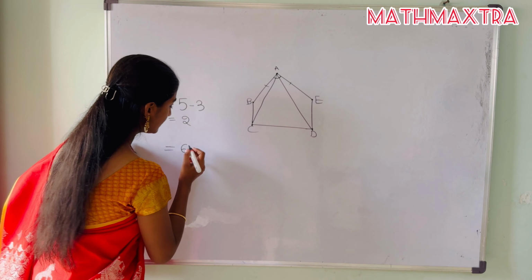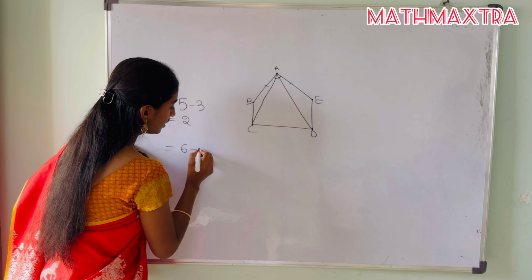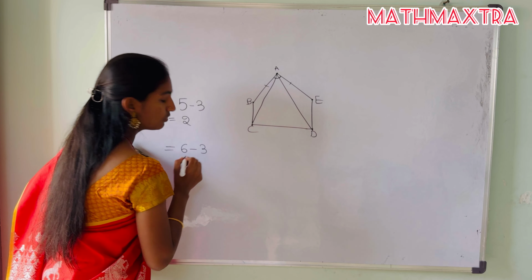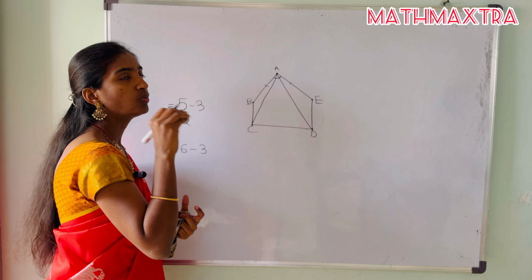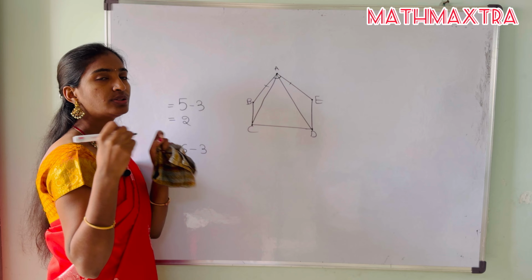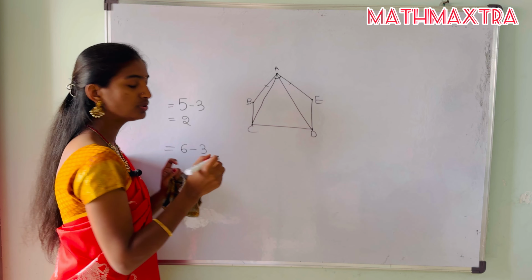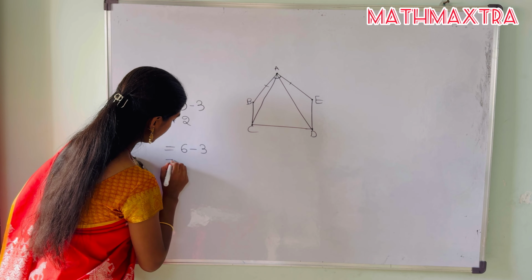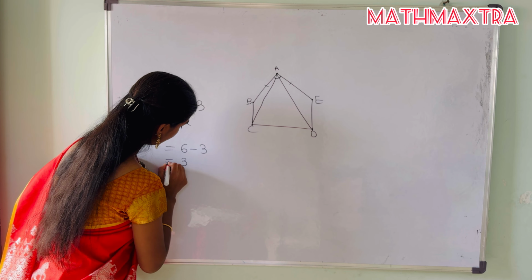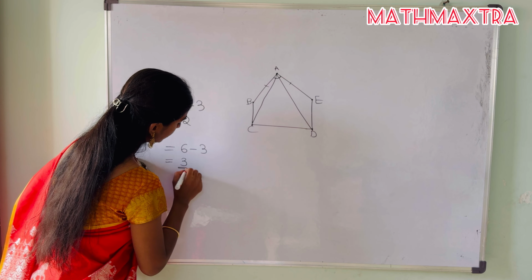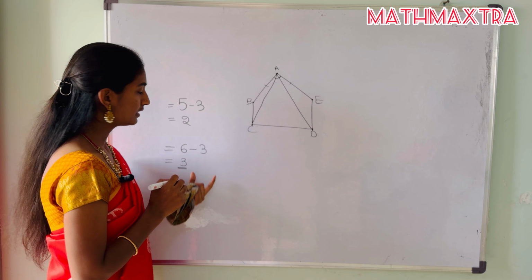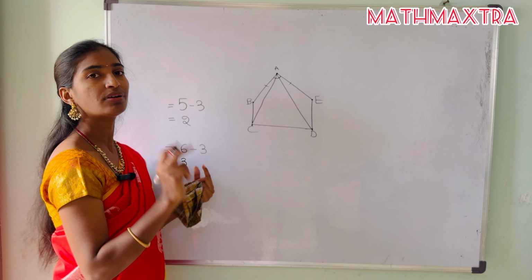Similarly, in a hexagon there are 6 vertices. Among the 6 vertices, you are leaving 3 vertices, because of the vertex we are considering and the 2 adjacent vertices. Those 3 you have to subtract. So 3 diagonals you can draw, and this is from only one vertex.